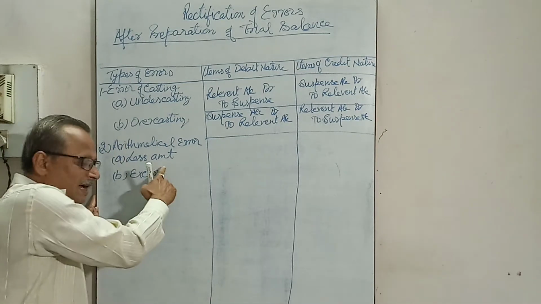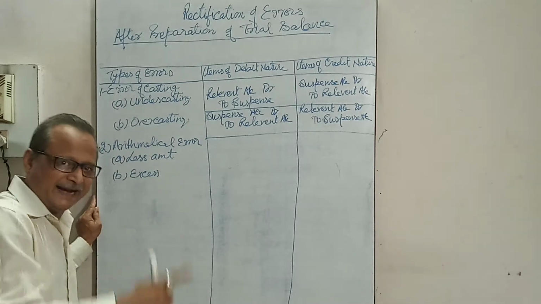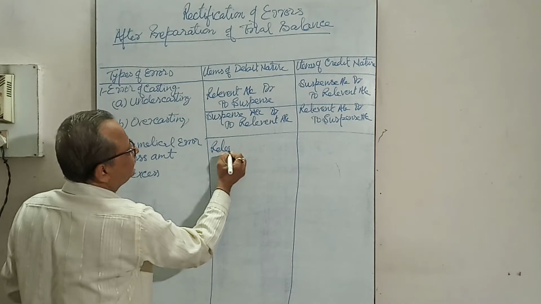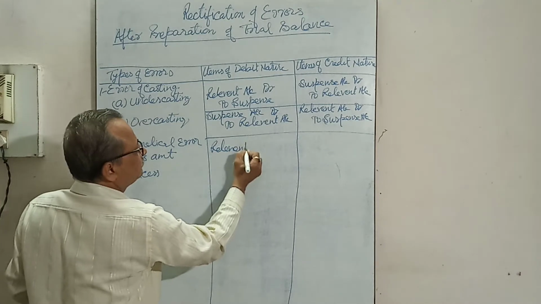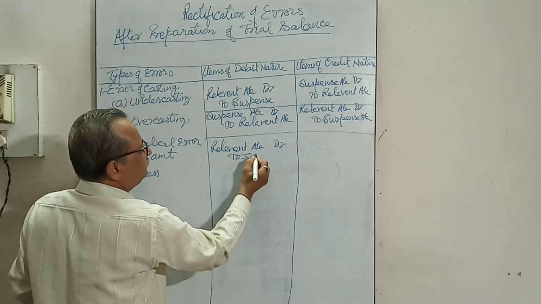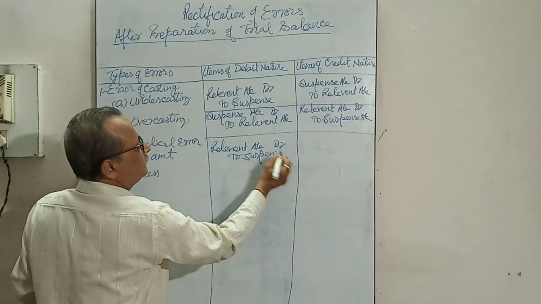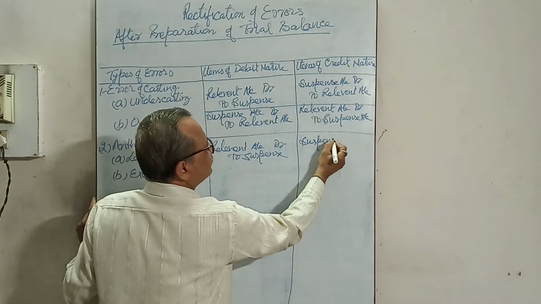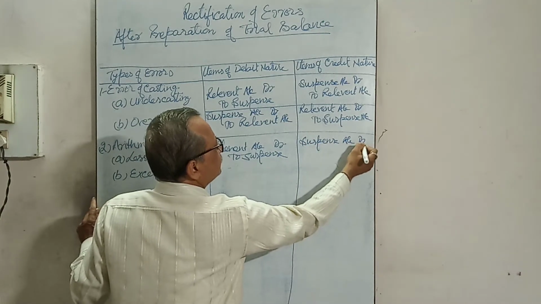If less amount was posted in a debit item, that should be increased. So we will write relevant account debit to suspense account. When it is a credit item, the suspense account debit to relevant account.